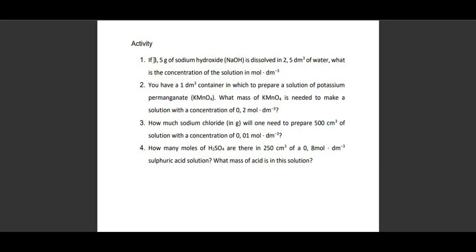The first question says: if 3.5 grams of the substance called sodium hydroxide is dissolved in 2.5 cubic decimeters of water, what is the concentration of the solution? You must report your answer in mole per cubic decimeter. So let us try to solve that problem.